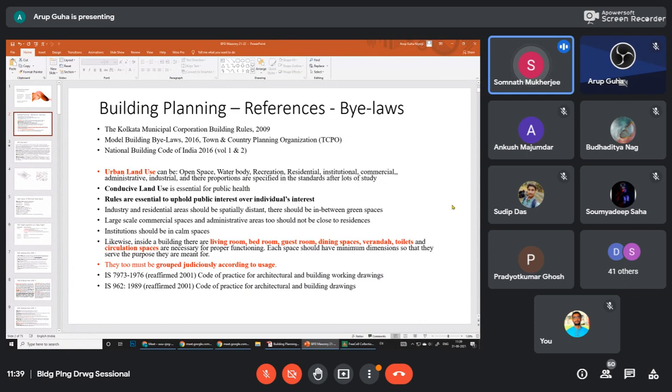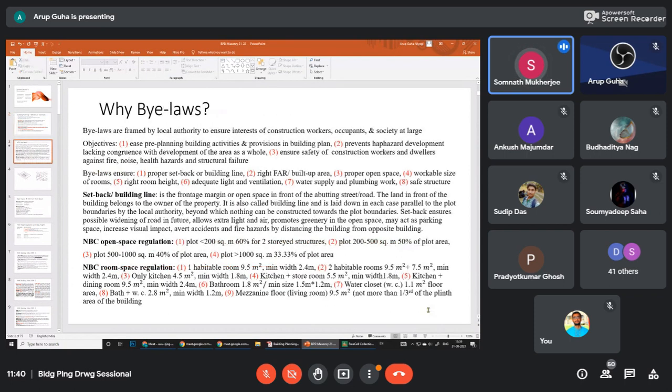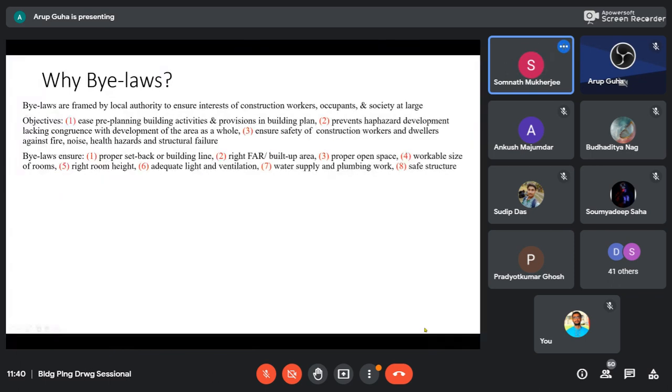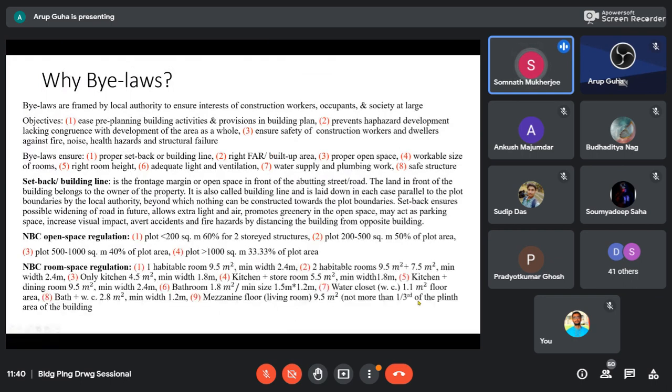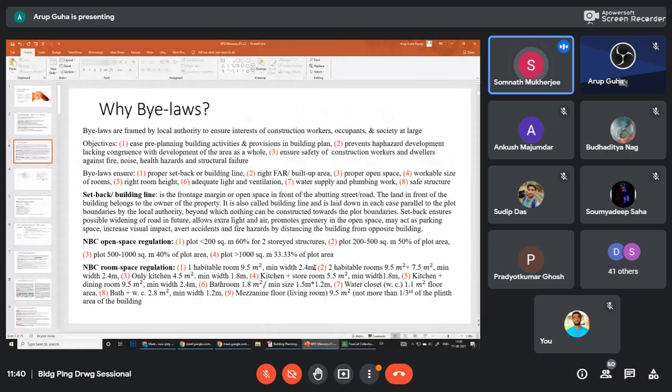So what happens? You have to make a plan according to the bylaws. Bylaws give certain guidelines. Say your road frontage is some x meter, then you can construct up to a certain elevation level. Otherwise, you have to give some offset and then you can raise.